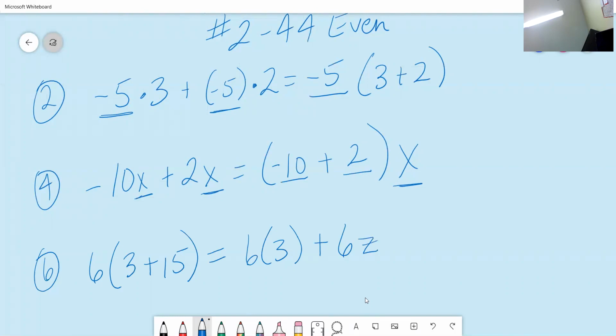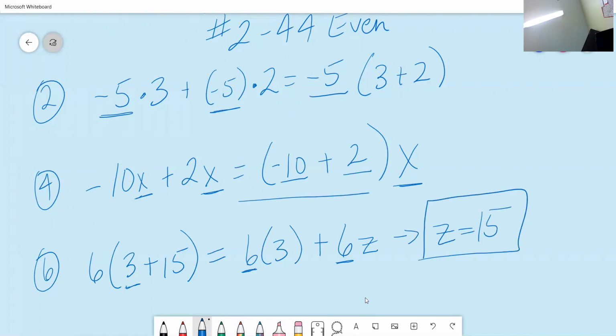Now, hopefully you can see the distributive property at work here, and you see that we've reintroduced our factor, I guess. We've distributed it. So you have 6 times 3, and then 6 times z, therefore z must equal 15. There's your answers.